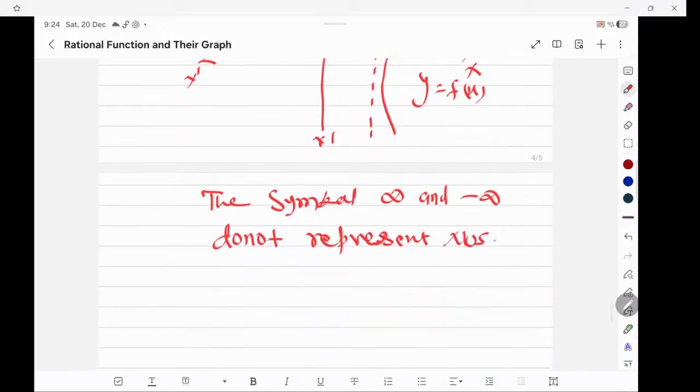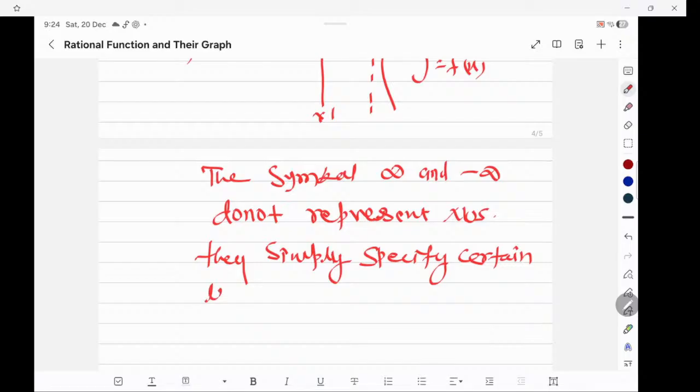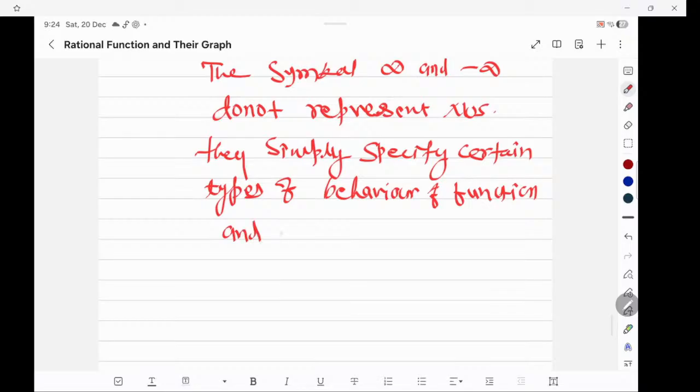They simply specify certain types of behavior of functions and variables.